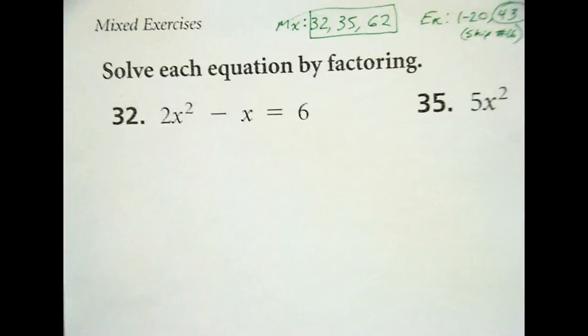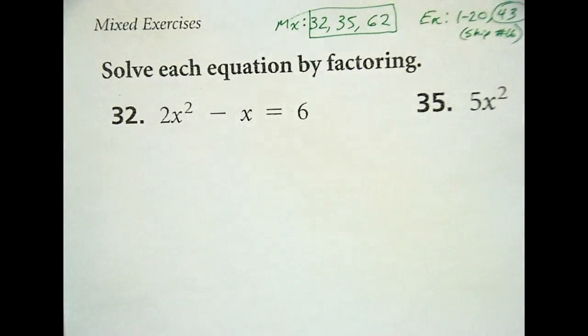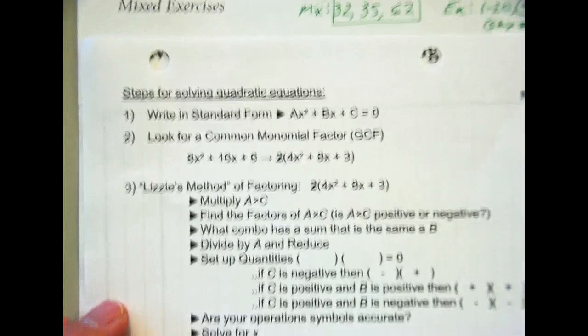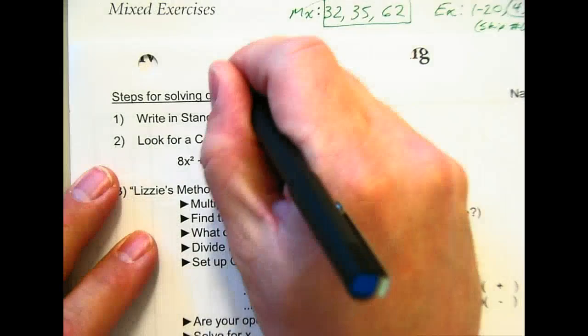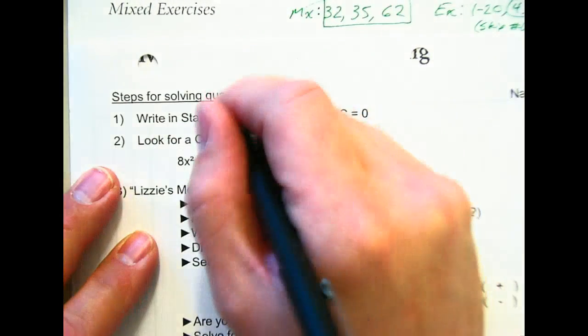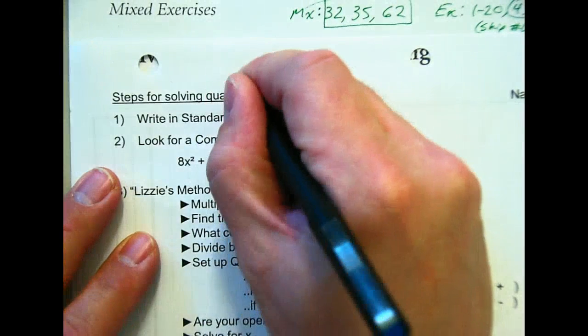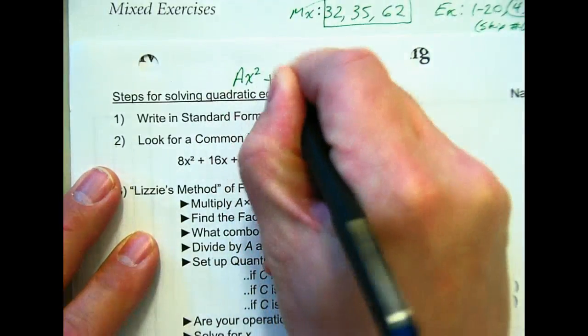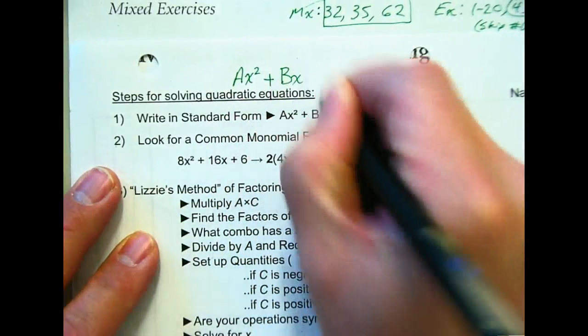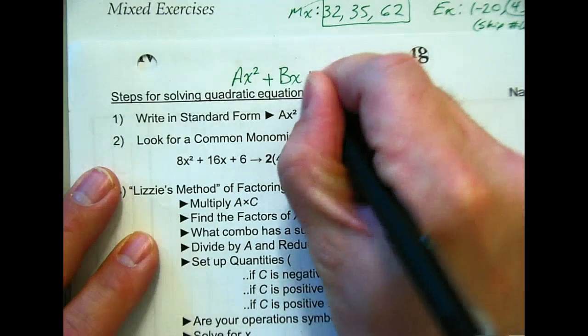Solve each by factoring. Now, I gave you this list and I said write in standard form. I guess the one thing I didn't add here, and maybe you should put, is that you don't have to factor unless there's an A term and a B term and a C term.